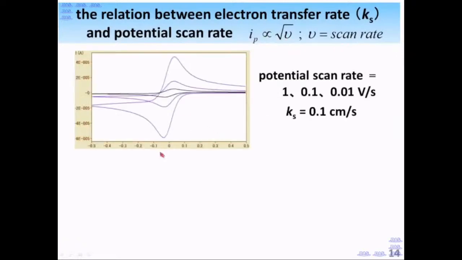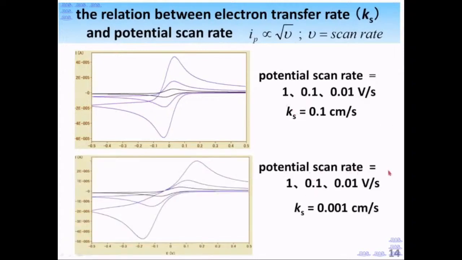This profile shows the scan rate dependence. For small Ks, the very slow electron transfer, the peak potential difference increases with scan rate.